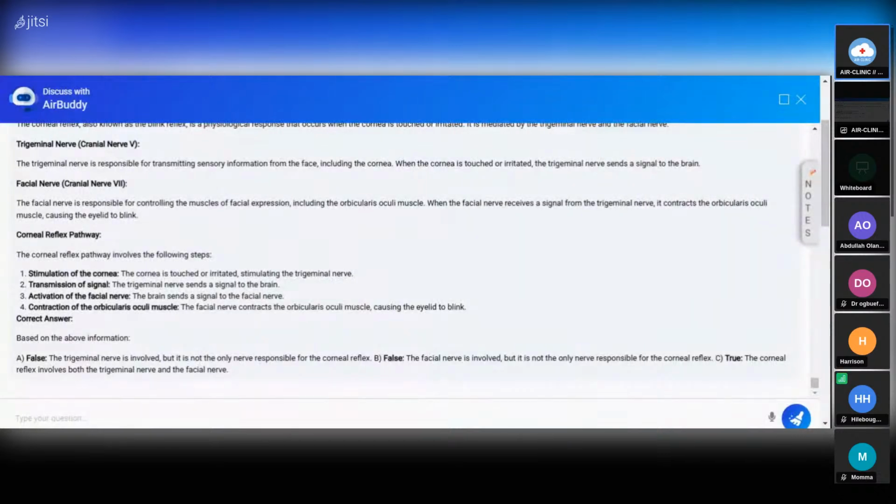Okay, this question discusses X-ray features of hyperinflation.